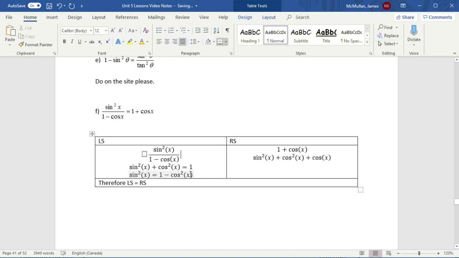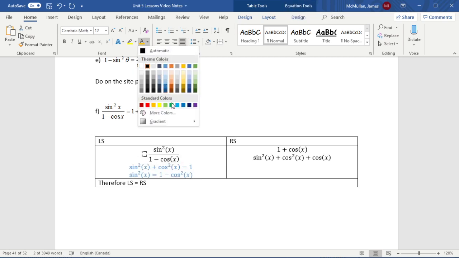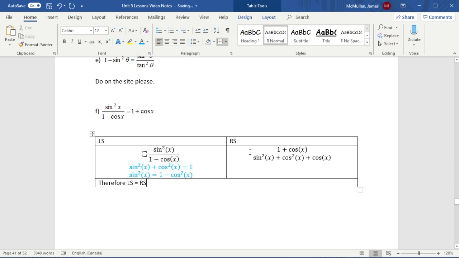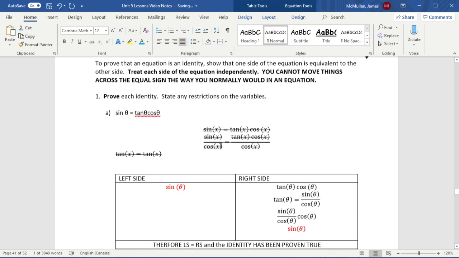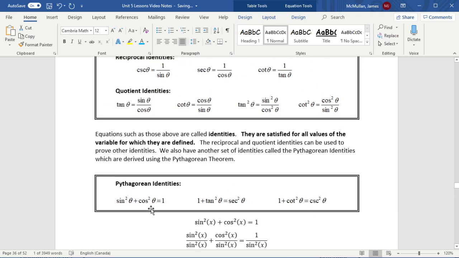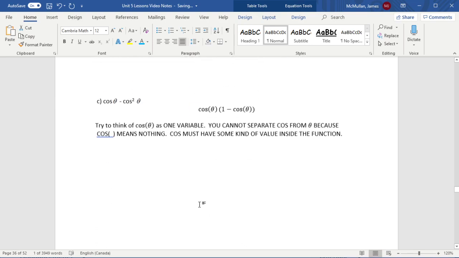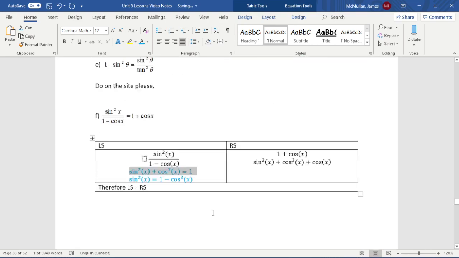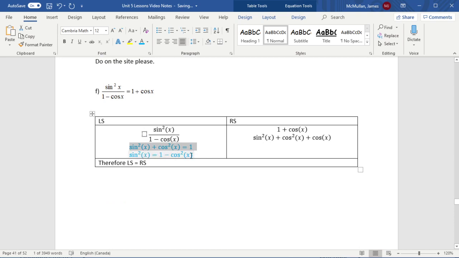You're allowed to move this identity around because it has already been proven. The reason you can't move things in your equation from left to right is because your equation hasn't been proven, and if you move things, you assume that it's true. This identity was in the notes, so you are allowed to move things around in it. So you can replace sine squared with 1 minus cos squared.